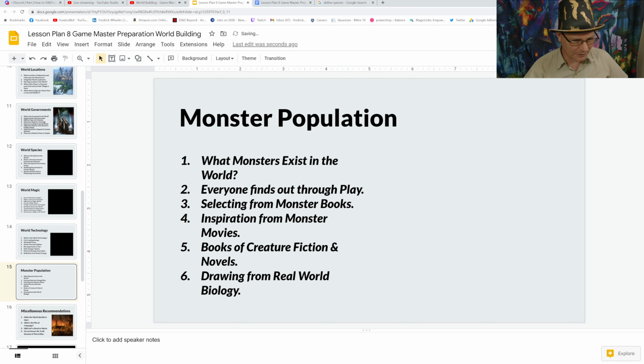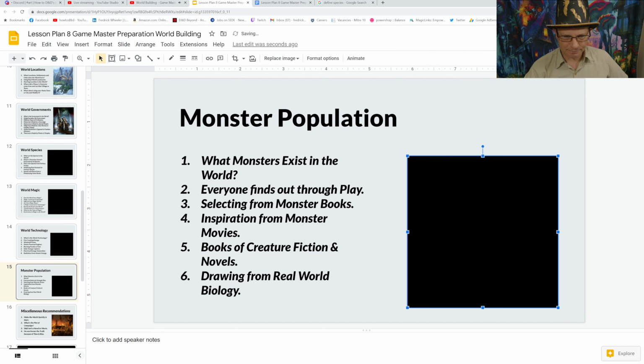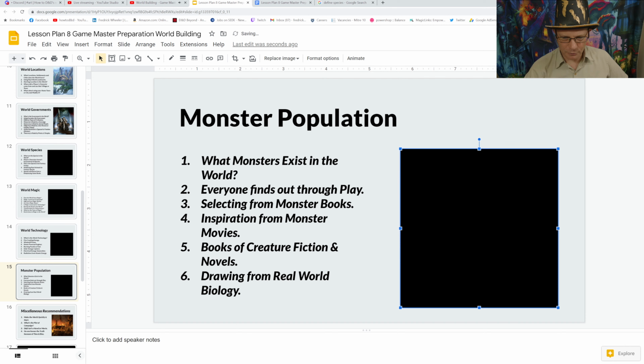So I'll take it out for now. Be assured I will replace it hopefully with a nice image of multiple different mythical beasts and creatures for your monster population, or your creature population, or whatever you want to call it.